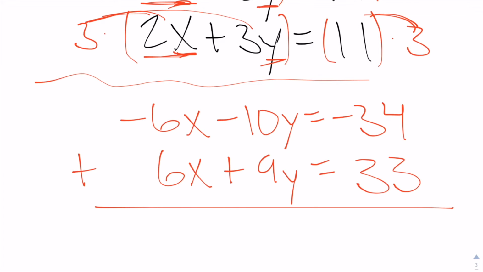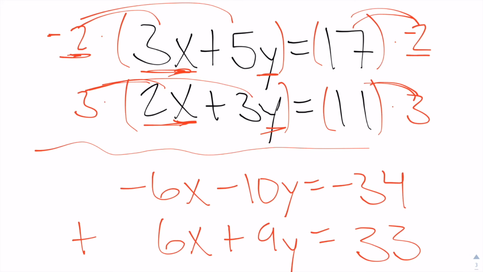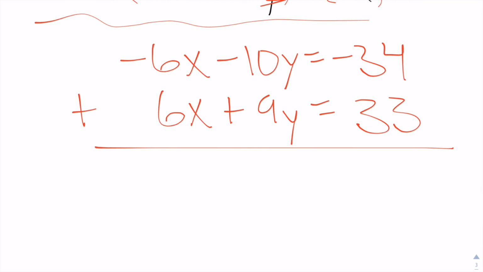I keep saying that. Okay, so again, that's a tricky concept. So you may want to go back and see what I did, okay? But I only focused on the numbers here, on the x's. And as you can see, now they're going to cancel. Negative 6 plus 6 is 0.